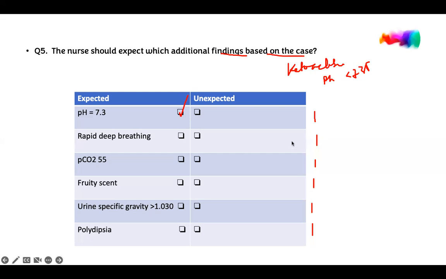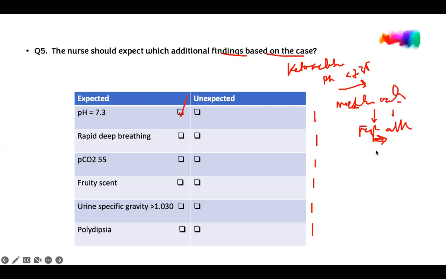Rapid deep breathing. What is that? Because they are acidotic, that is metabolic acidosis. You correct metabolic acidosis with respiratory alkalosis. You just change it. Metabolic acidosis goes into respiratory alkalosis. And what is respiratory alkalosis?